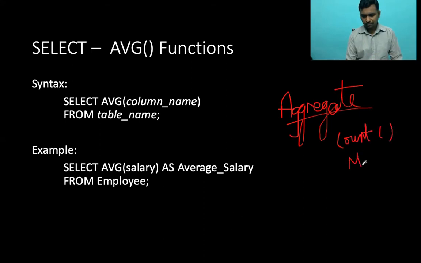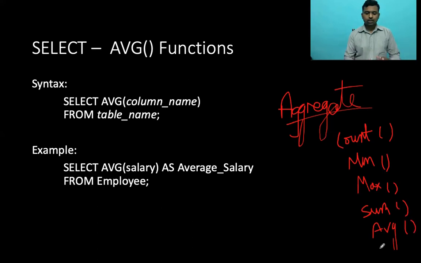Min, max, sum, and average. Right. So these are the 5 aggregate functions that are used to provide you some concrete information, right?